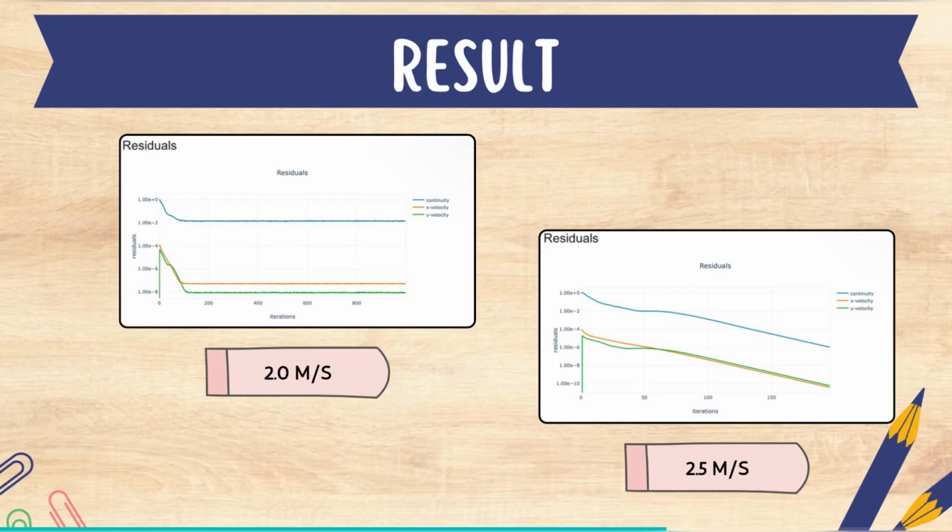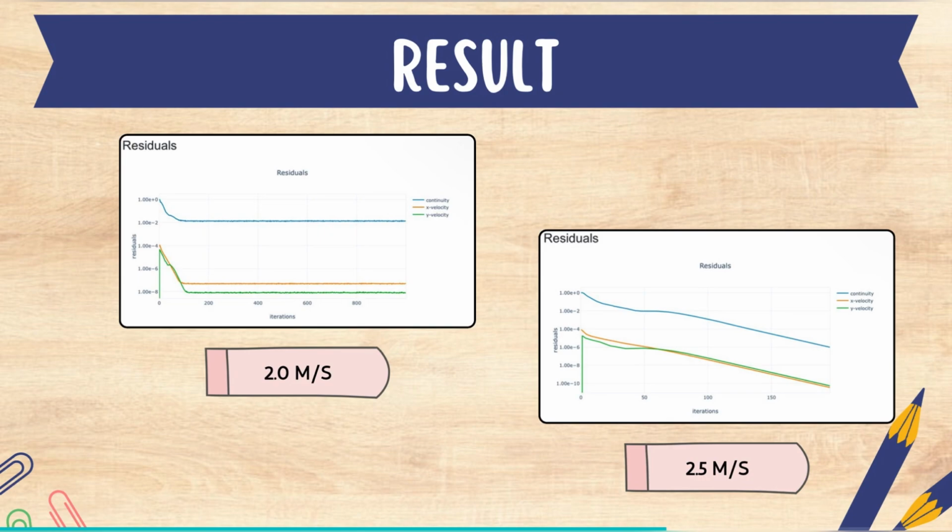Flow comparison at 2 m/s and 2.5 m/s. At 2 m/s, the residuals, continuity, x velocity and y velocity converge quickly and stabilize after fewer iterations, indicating a steady flow solution. The value drops significantly, reflecting good numerical stability and accuracy in the simulation.